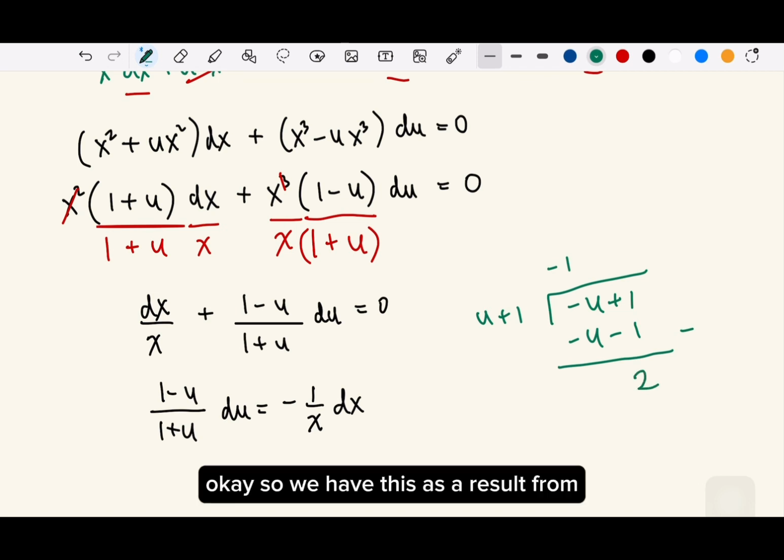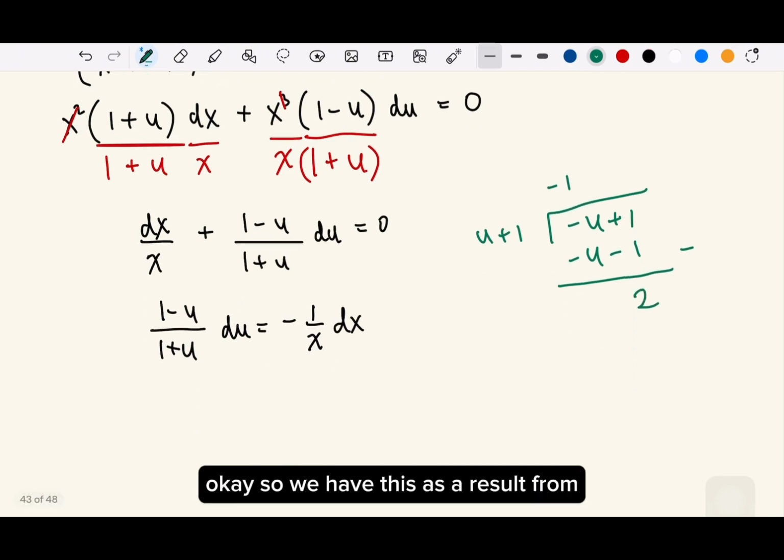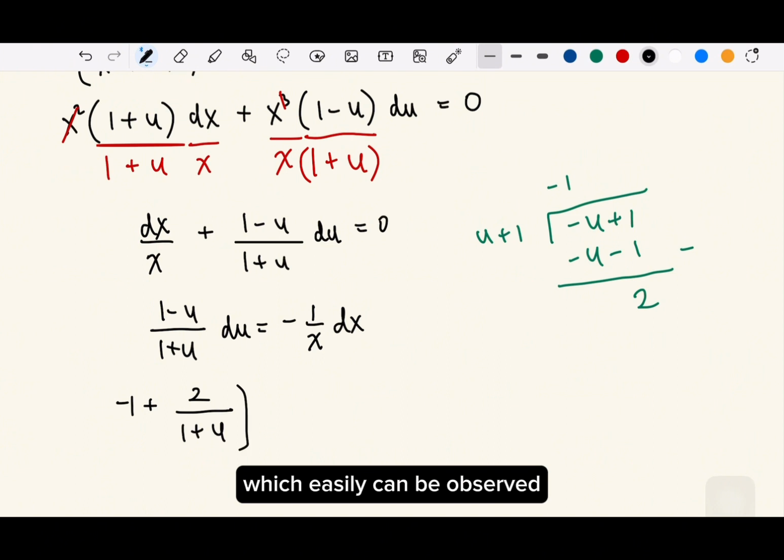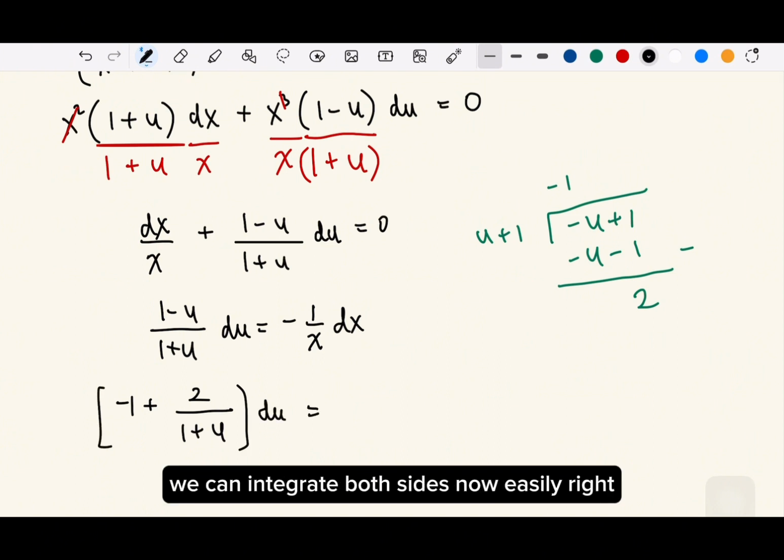Okay, so we have this as a result from our long division, so we can rewrite this and exchange these fractions, okay, and then we write with these new forms, which we can easily observe that we can integrate both sides now easily, right?